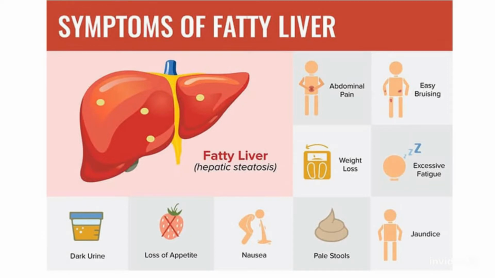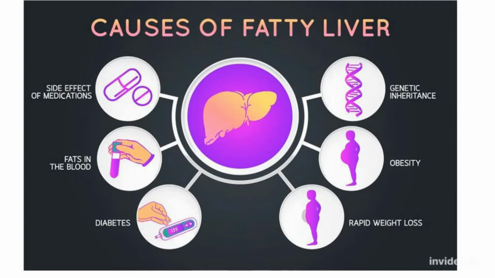The symptoms include abdominal pain or a feeling of fullness in the upper right side of the abdomen, nausea, loss of appetite or weight loss, yellowish skin which is a sign of jaundice, swollen abdomen and legs, extreme tiredness or mental confusion, weakness, pale stool, and red palms.